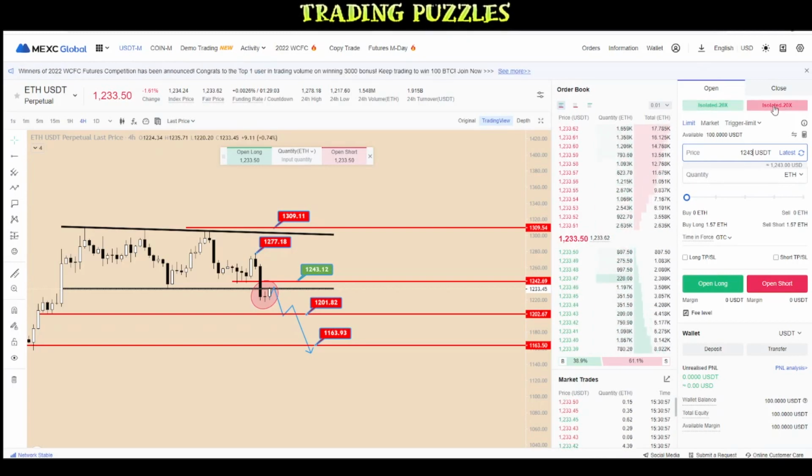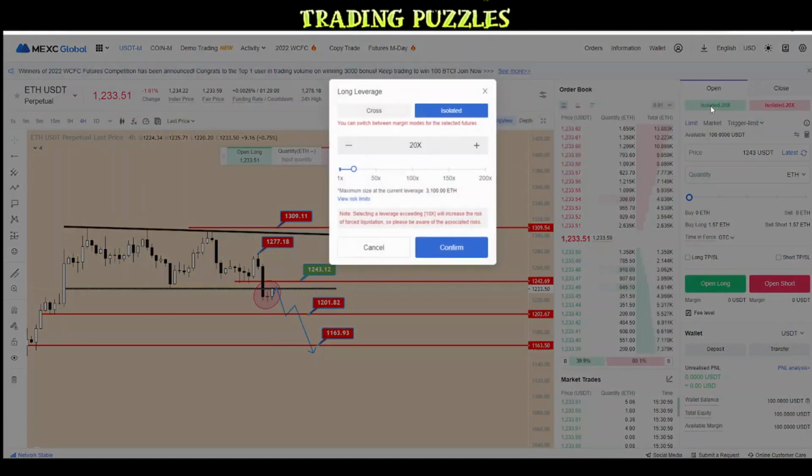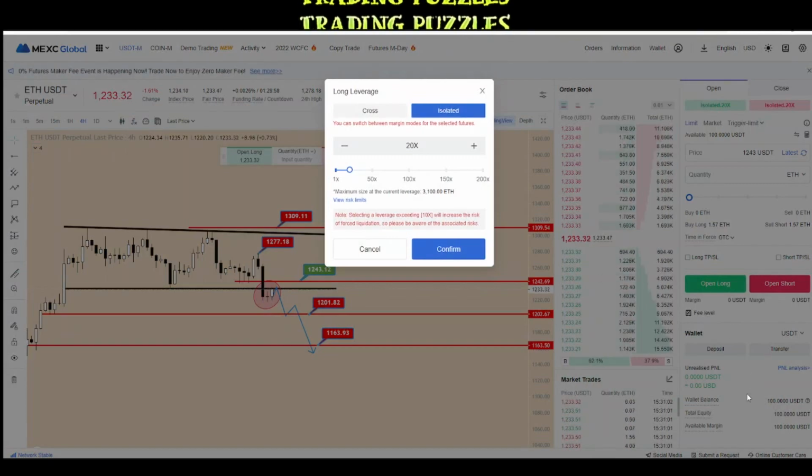The margin that we need to understand, if I'm going to risk $100 and my leverage is going to be 20x here, it means that I'm going to have 20 times my amount that I'm going to invest. 20 multiplied by 100, it means that I'm going to invest $2,000. These are taken from the broker. So this is how the leverage works.